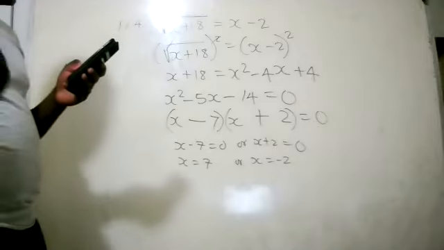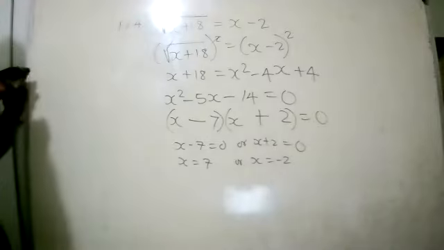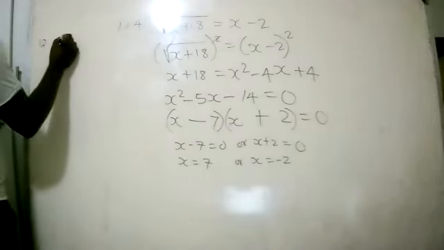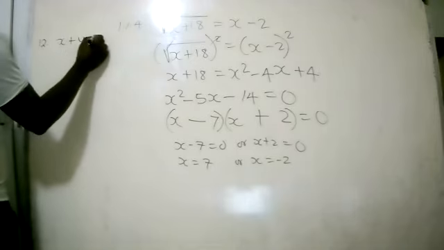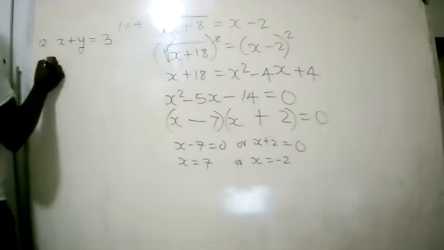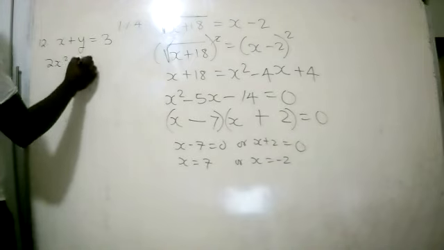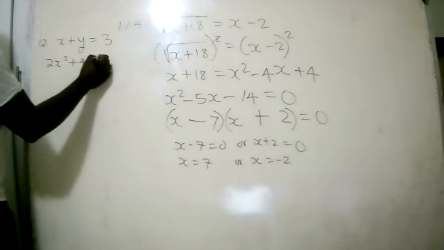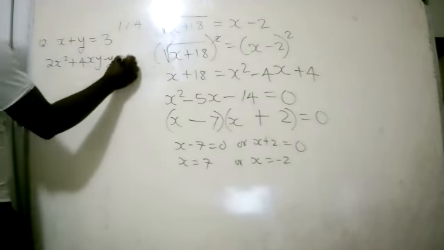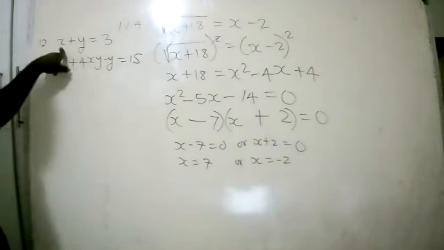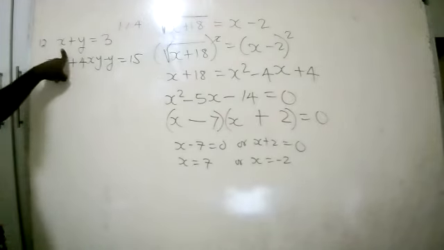Time is running so fast. Do you know how to deal with simultaneous equations? Yes, I do. Wonderful, that's good news. We must be able to deal with simultaneous equations. In this kind of situation, the simplest equation must be equation number 1.